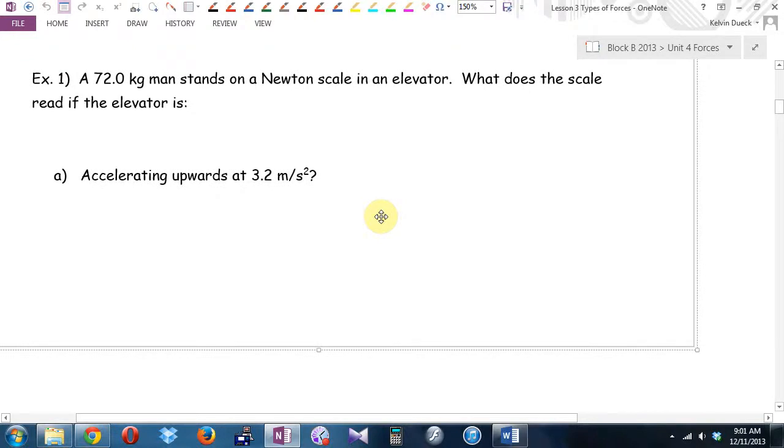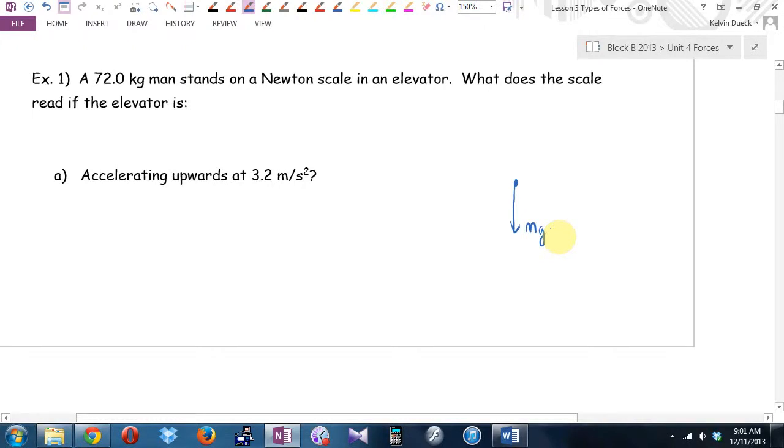This is a job for a good free body diagram. Here's the person in the elevator. What are the forces acting on the person in the elevator? Get the obvious one. Okay, gravity down. Is this person sinking into the ground like quicksand? Are they flying into the air like Superman?